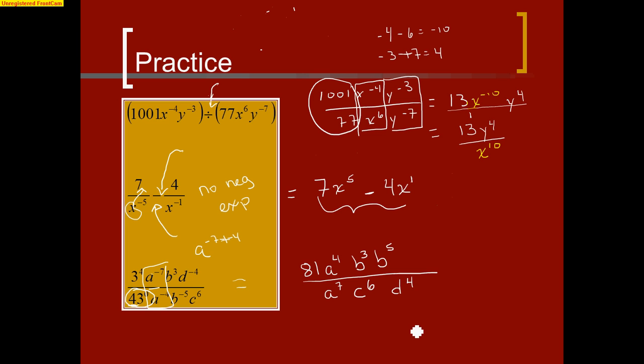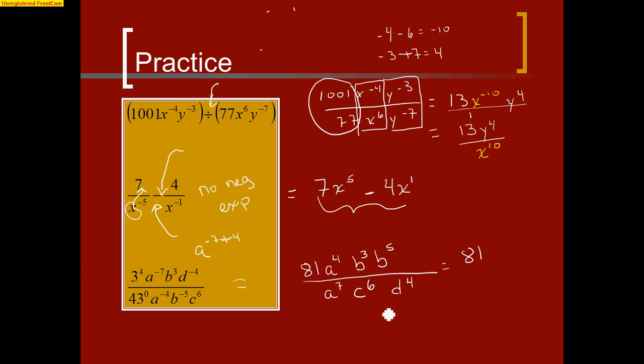So now notice I took a problem with a whole bunch of negative exponents. Now nobody asked me to, I'm just showing off. I took a problem with a whole bunch of negative exponents and turned them into a bunch of positive exponents, legally. What do I have from here?